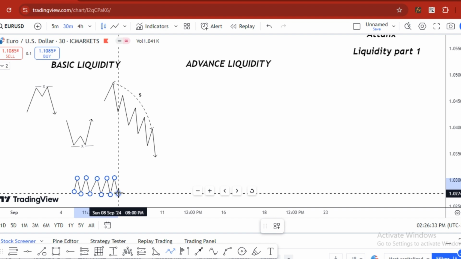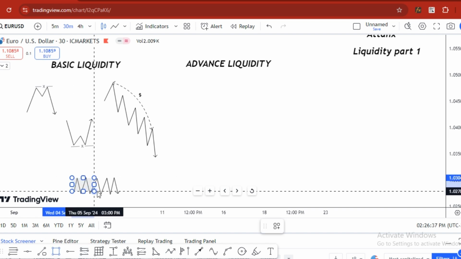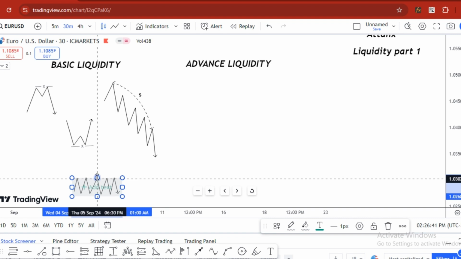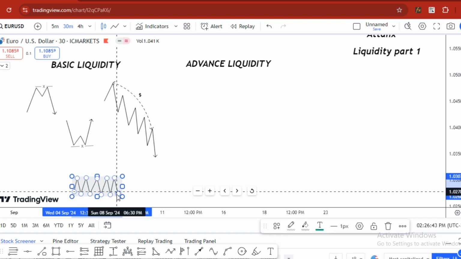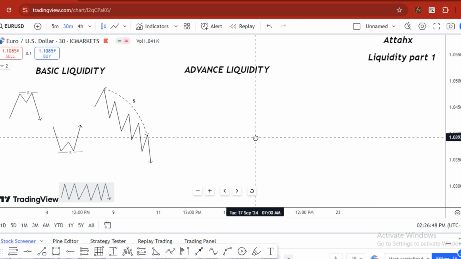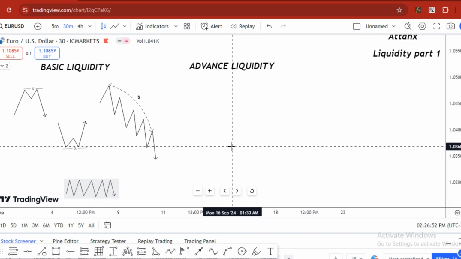Now, when you see something like this, it is called consolidation. It is also a liquidity build up, right? With no specific direction. That's your consolidation. Now, this is just the basic liquidity, which we all know.